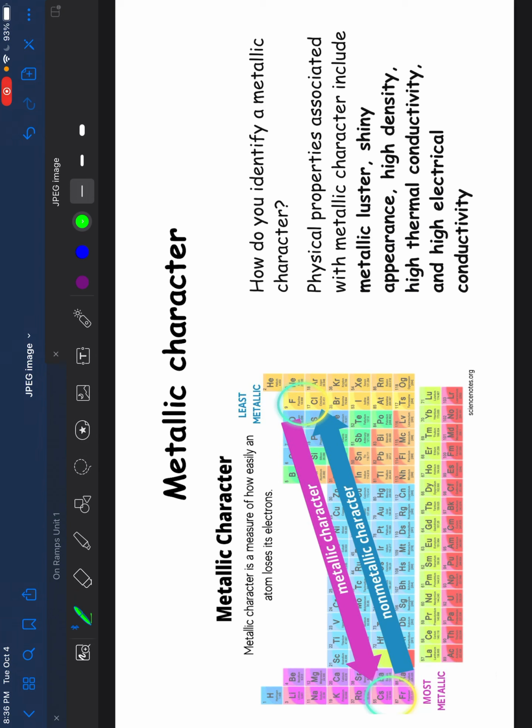Metallic character is going to be like atomic radius. It's going to increase as we go to the left, because we know that the metals are over there, so obviously metallic character will increase, and it's going to increase as we go down as well.